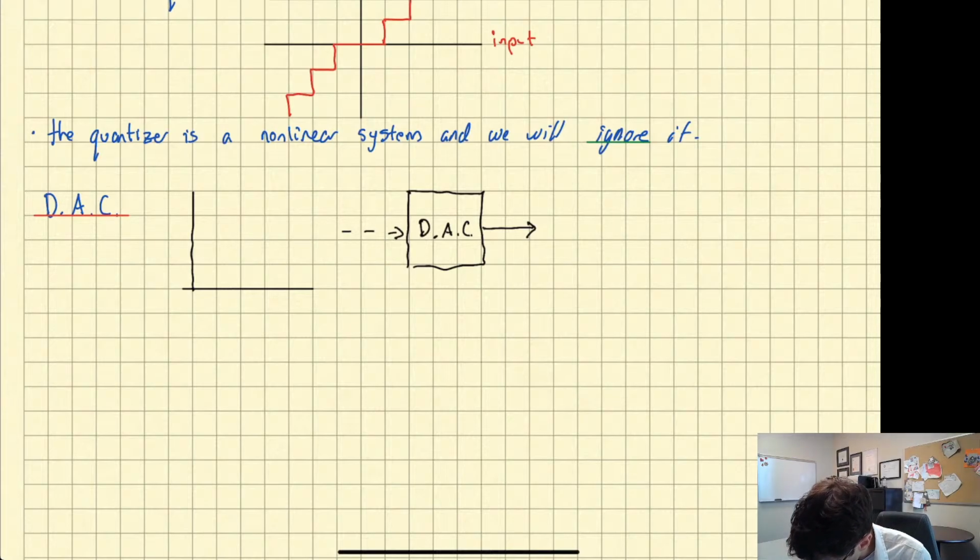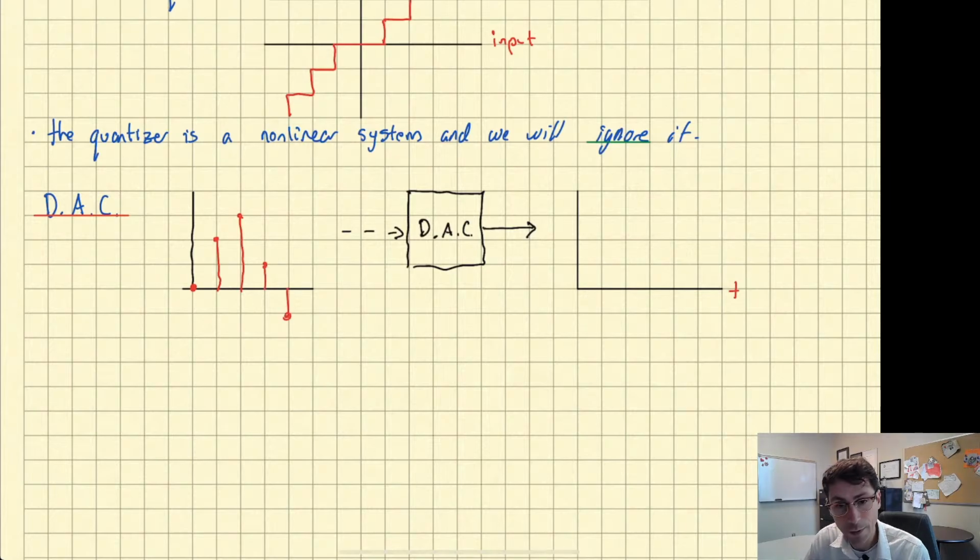It's going to take a discrete time signal and produce a continuous time signal. So in this picture, let's draw, say, something like this.